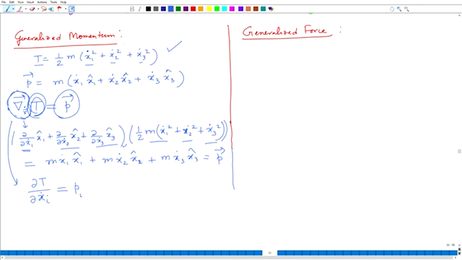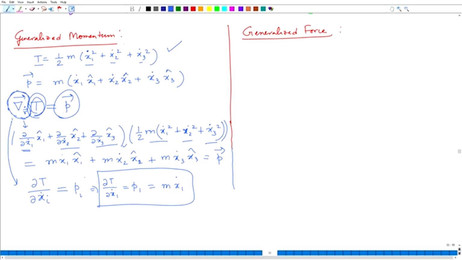This is exactly the same thing as what I wrote here. That means, if i is 1, you have del T/del x1 dot is equal to p1, and p1 is nothing but m x1 dot. You can also do this for i equal to 2 and 3.